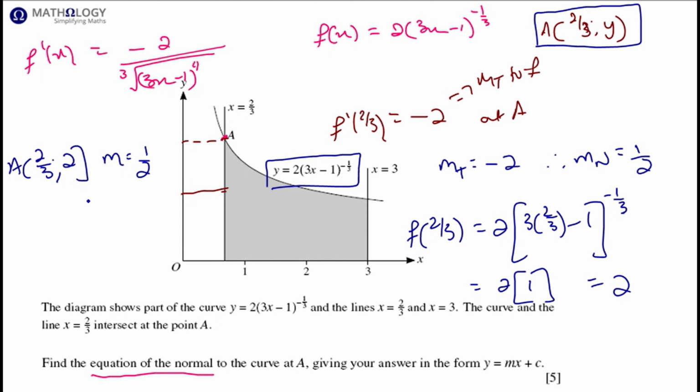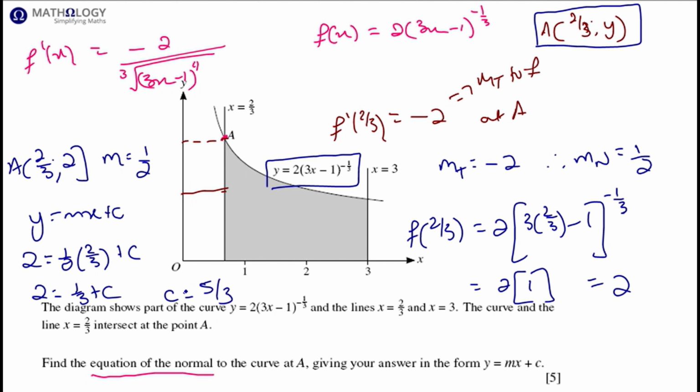And we can now substitute these into y equals mx plus c to find the equation of the normal. So 2 equals the gradient a half times x, which is 2/3, plus c. 2 equals a third plus c. c is 2 minus a third, which is 1 and 2/3, or 5/3, and it's better to write it as 5/3.